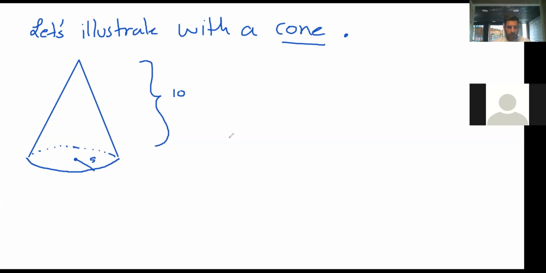Notice I'm saying the height of this creature is 10, not the length of the side. I'm saying the height is 10. All right, so how do we get this set up properly?